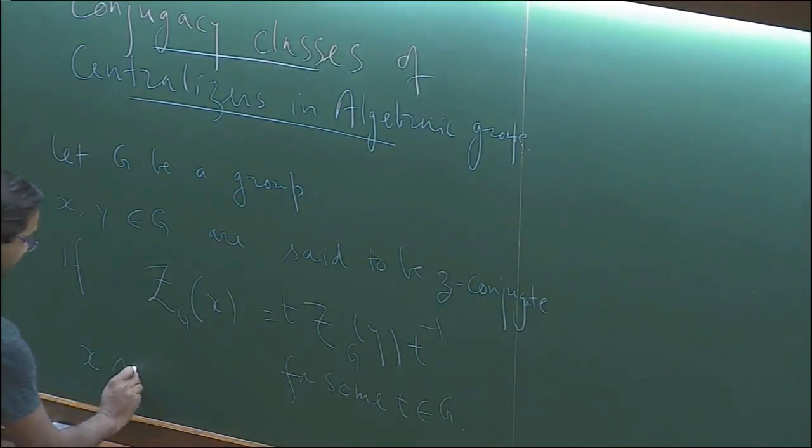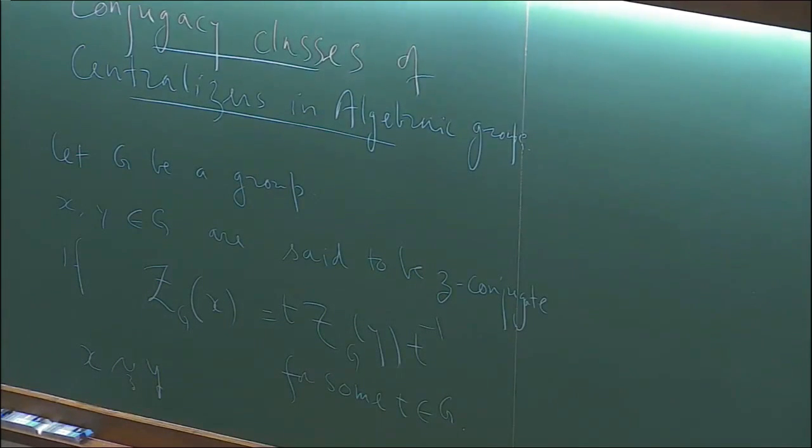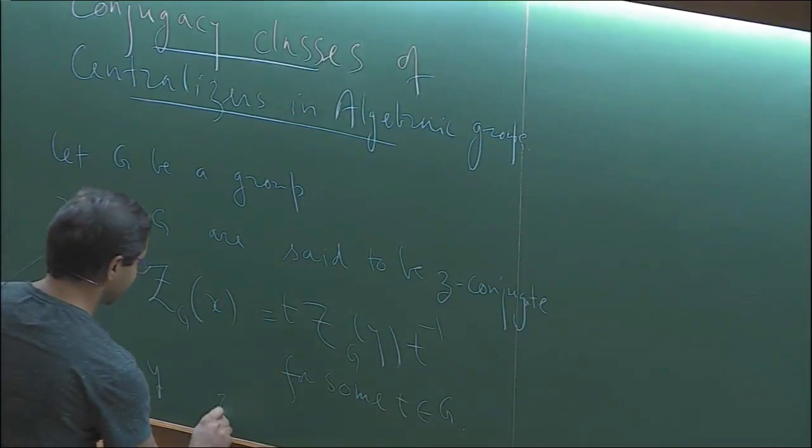This relation is denoted as X ~_Z Y, and the classes are called G-classes.